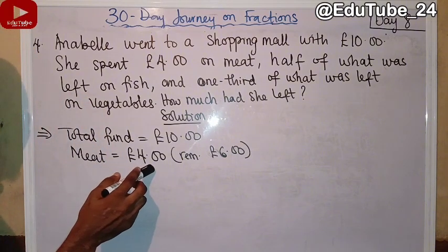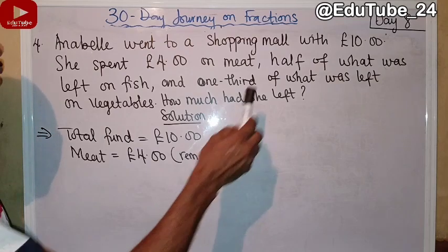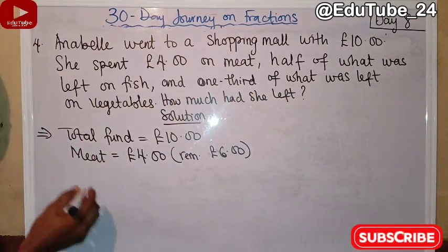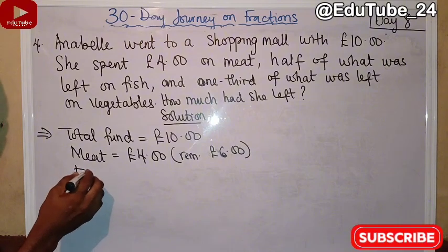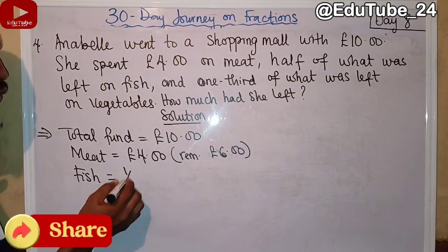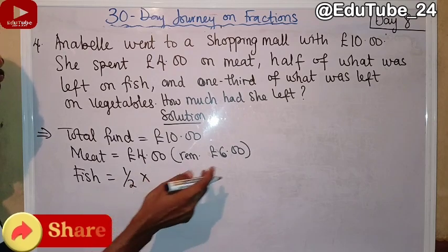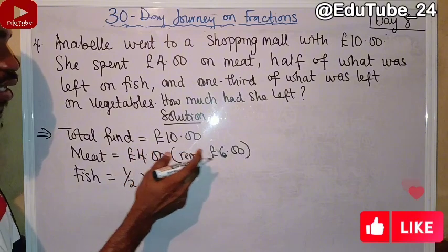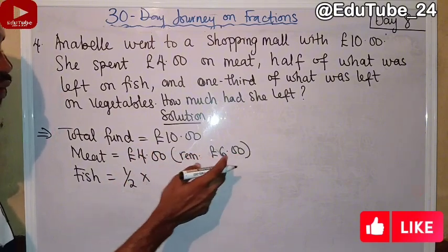So she spent £4 on meat, and then half of what was left on fish. So for fish, she spent half of what was left. Half means 1/2 times what was left. After spending £4 on meat, what she had left is £6. So she spent half of this £6.